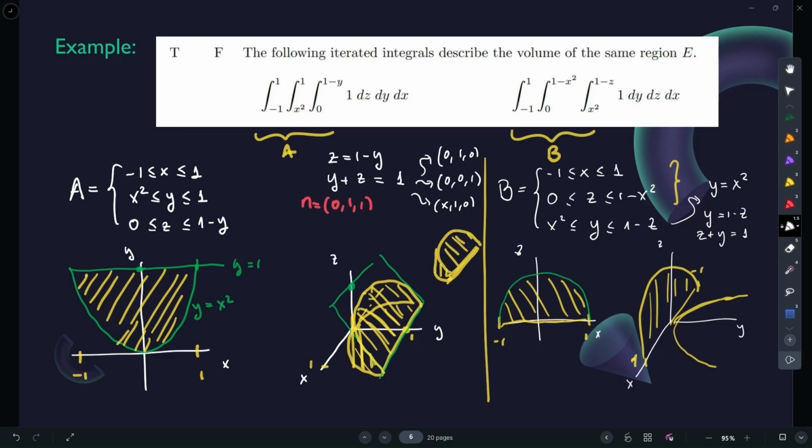So the y is also going to go, if I draw the plane before, between this sort of cylinder, a parabolic cylinder like this, and the plane given like before.